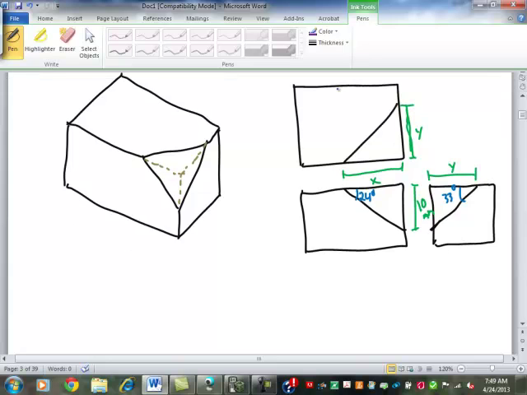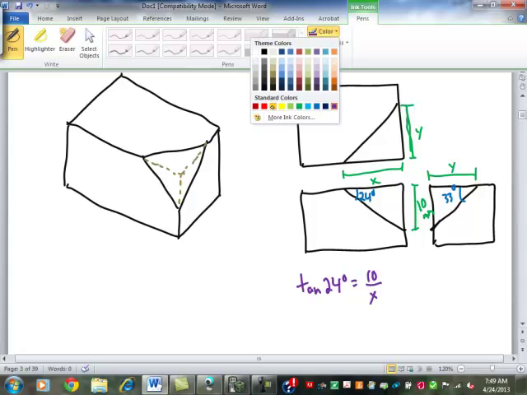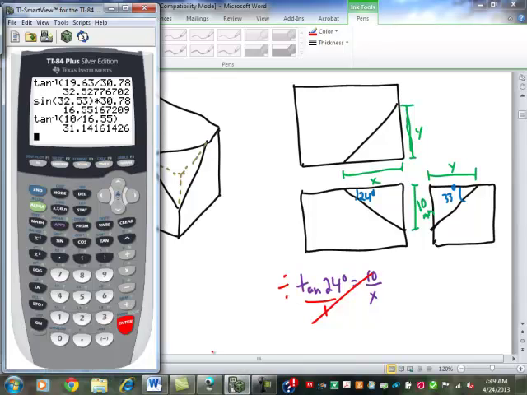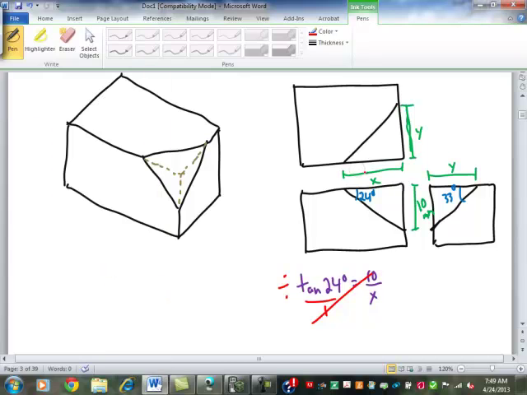So again, to find X, the tangent of 24 degrees equals 10 over X. Cross multiply and divide, so it's 10 divided by tangent of 24. It's 22.46 millimeters.